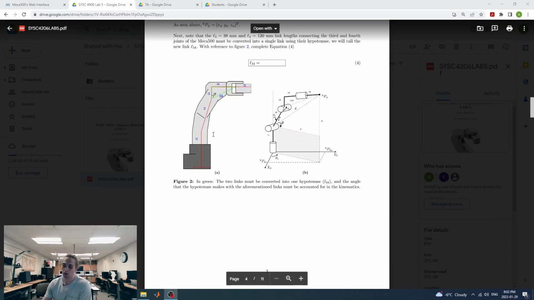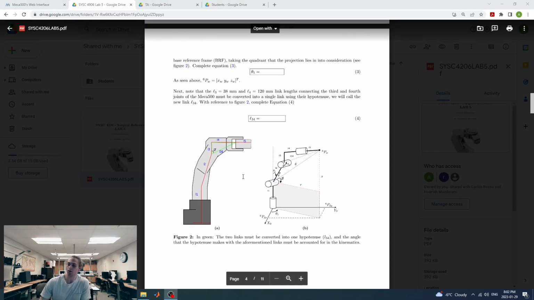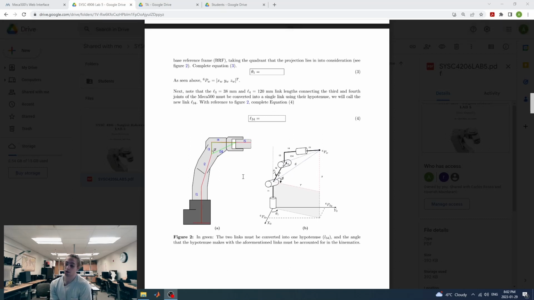So next we're going to calculate the second and third joints of the robot, and given the offset that the Mechademic has, we can create a few triangles that'll help us out. So the first one here in figure 2A, we actually don't have a joint between the elbow and the wrist center. It just displaces in two directions by L3 and L4.